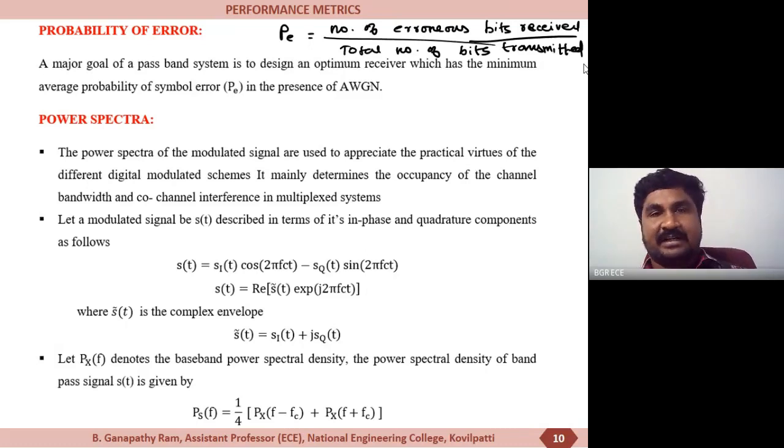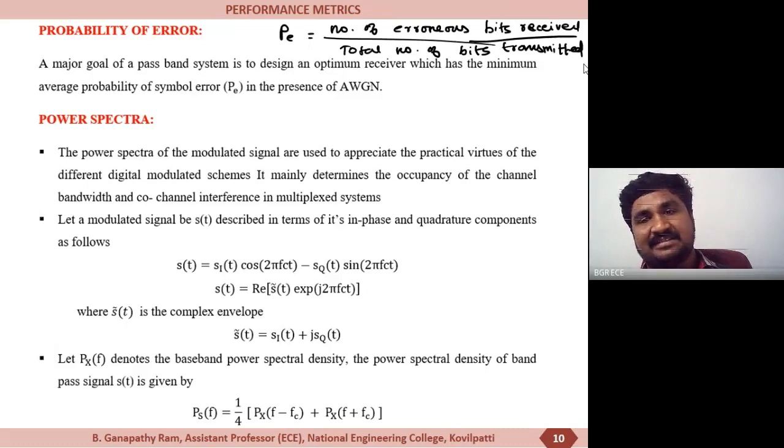Then is the power spectrum. It is an important measure, and the power spectrum of the modulated signal is used to appreciate the practical virtues of different digital modulation schemes. From this, we can estimate the maximum bandwidth requirement, how the pulse should be shaped, and how it is varying with respect to the channel characteristics.